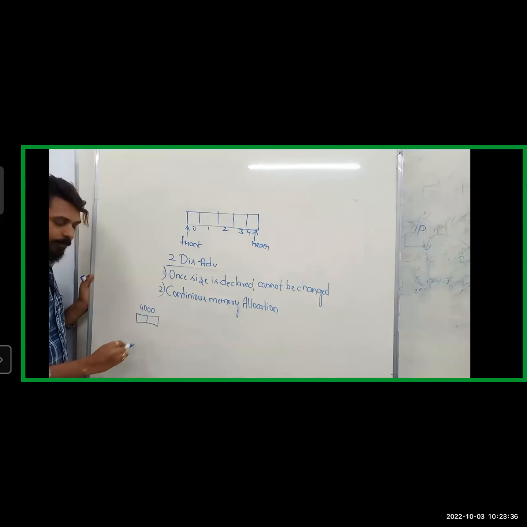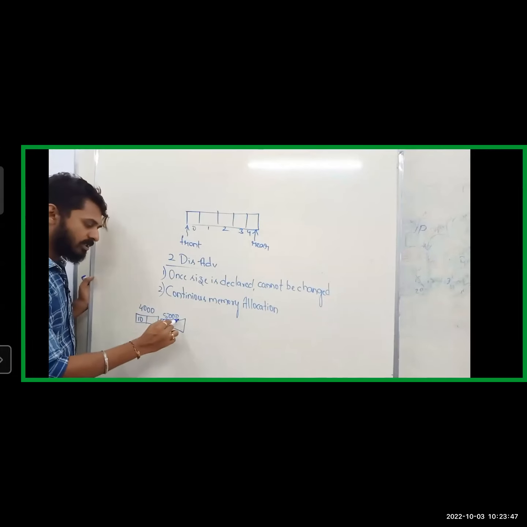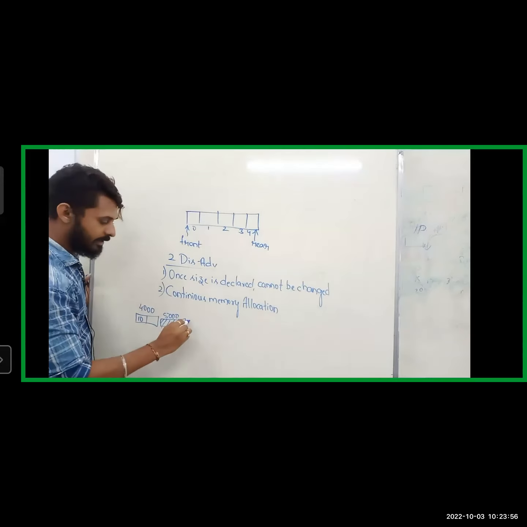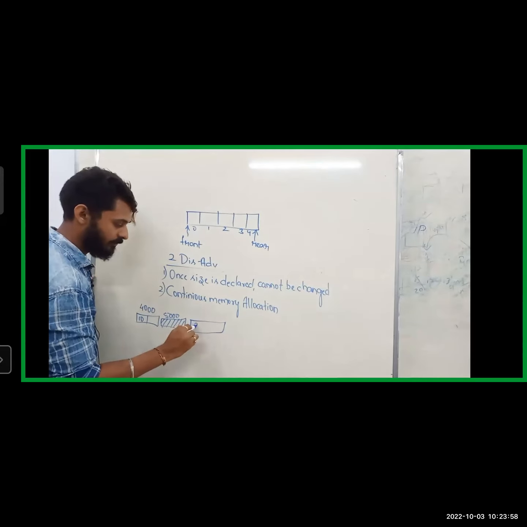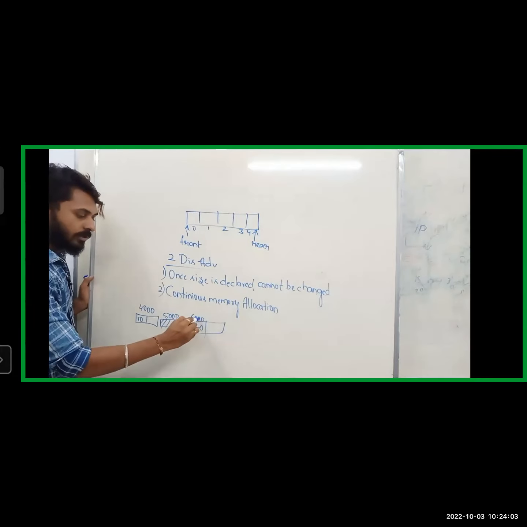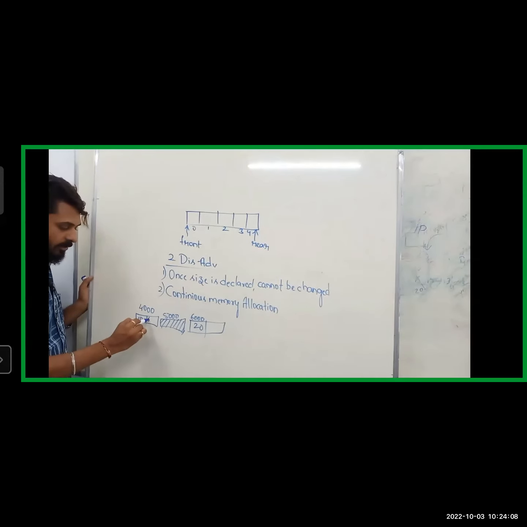I will store the value 10. The next value I want to store is at 5000, but someone has already stored some random value there. Then 5000 is not available, so I will store it in 6000, with value 20. The address of this is 6000, so I will store this address in the first node.